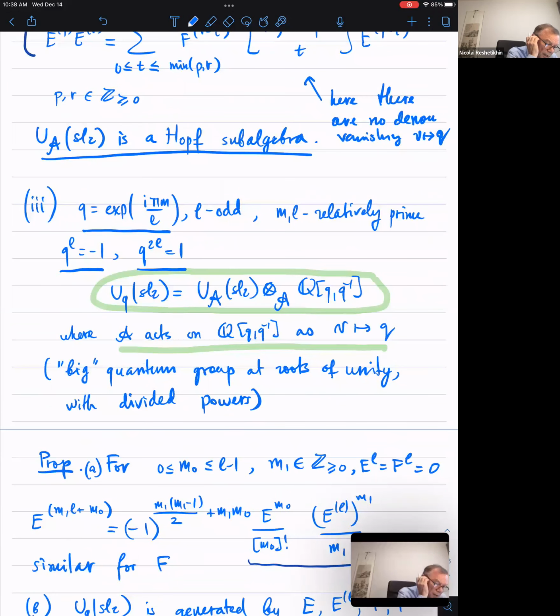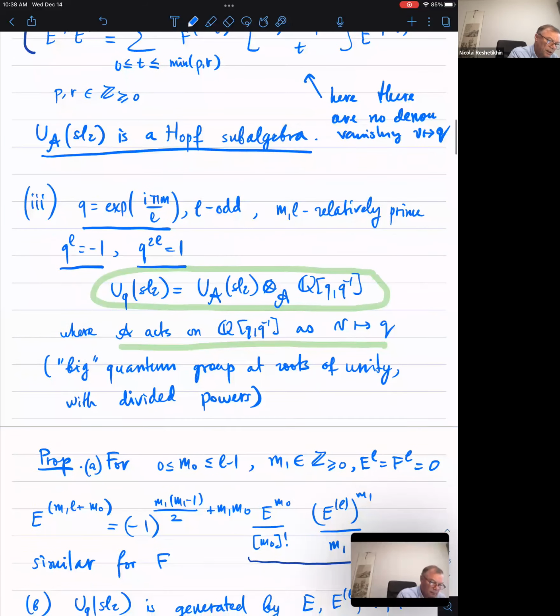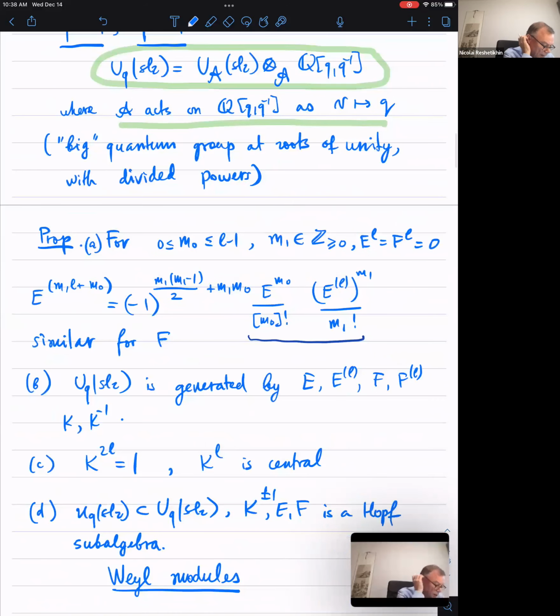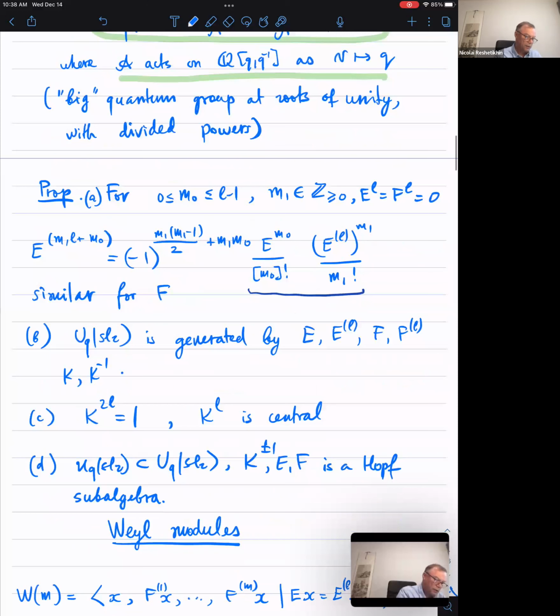So as a result, you get so-called big quantum group at roots of unity, or quantum group with divided powers. And there is a natural question: what is the representation theory of this algebra? So first, let's look at the structural theory. So there is this fact, again, that goes back to Lusztig.